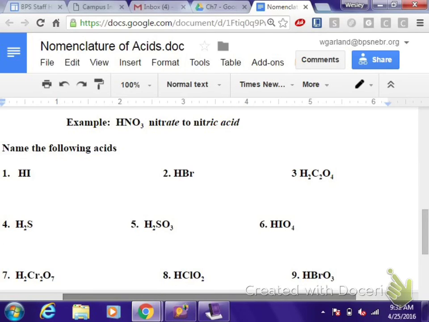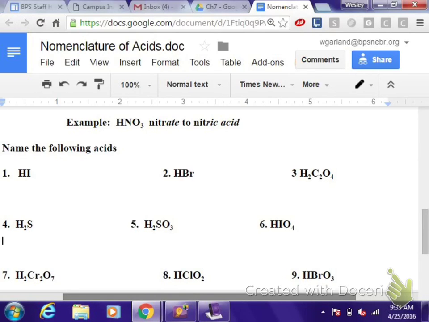What is it? Sulfide or sulfate? Sulfite. So that becomes OUS, and we'll include the UR when we name the acid. So that'd be sulfurous acid. Sulfur, OUS.